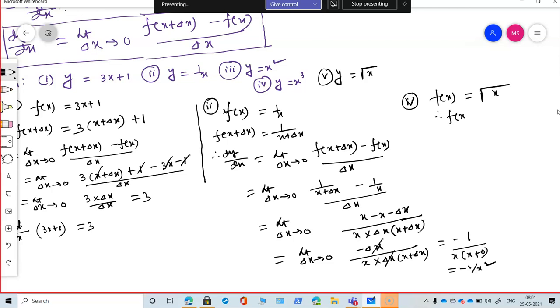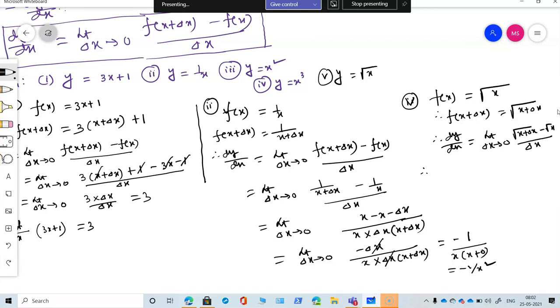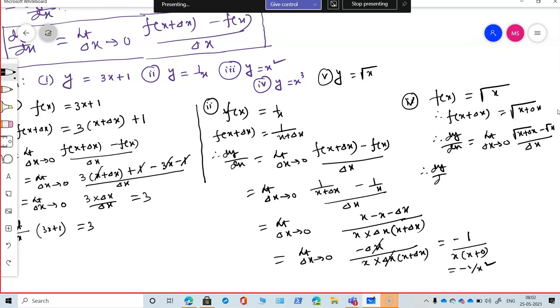So f of x plus delta x is going to be root over x plus delta x. So dy by dx is limit delta x tending to 0, root over x plus delta x minus root x, following the same definition, by delta x, but here it is a bit confusing what to do with this.